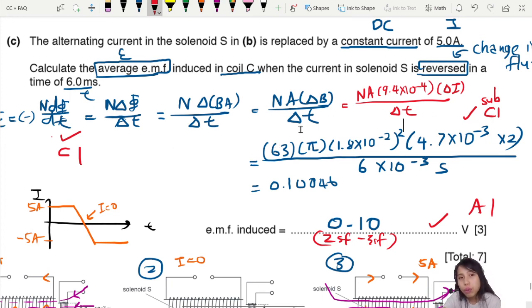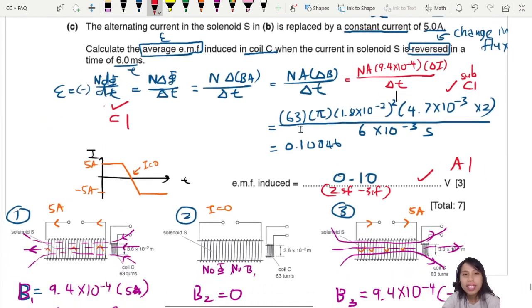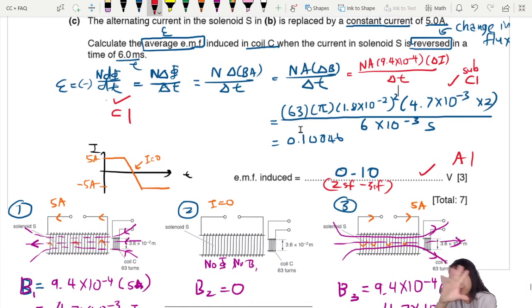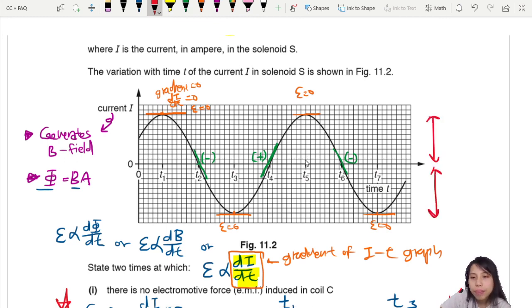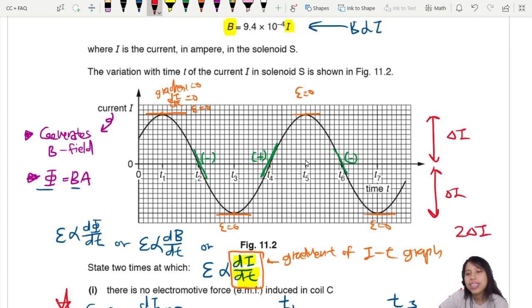Be very careful when you see the words reverse field inside a past year question. It's kind of like AC: you go forward, then backwards. So the total change is 2 times the change in current, from here to here and here to here. If this is delta I, and this is delta I, the total change is 2 delta I. Same thing for flux. So that's all for this question.